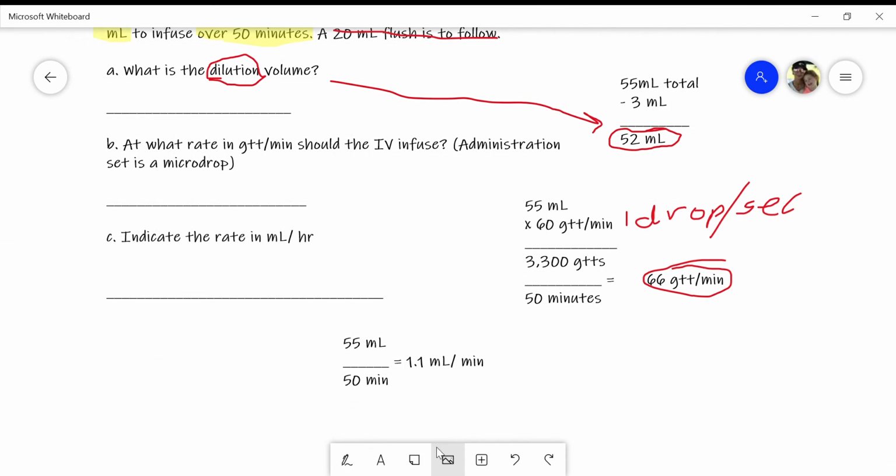And then we're going to multiply that by 60 to give us our actual rate per hour. And that's going to give us 66 milliliters an hour.